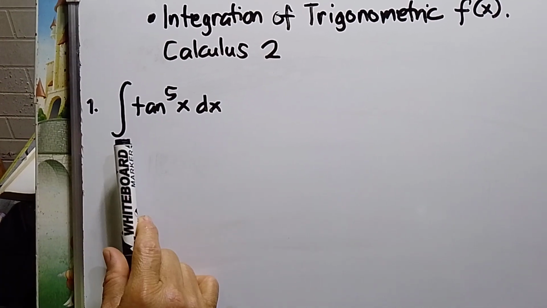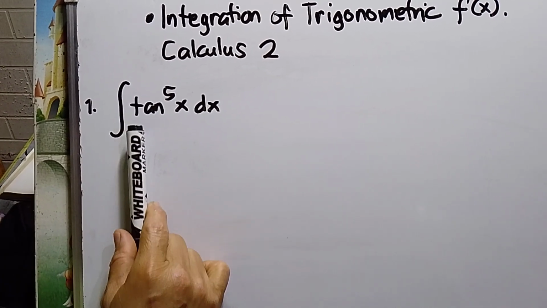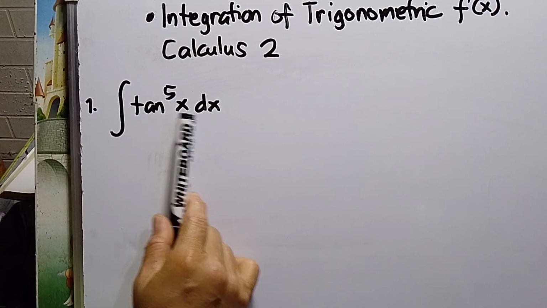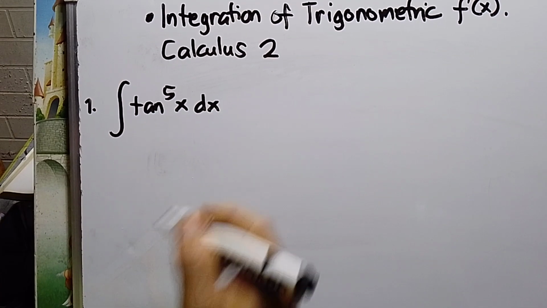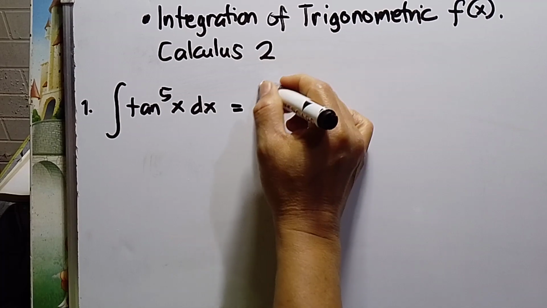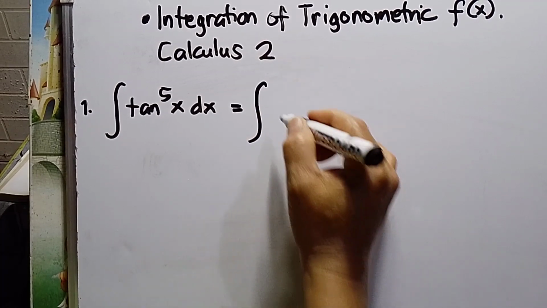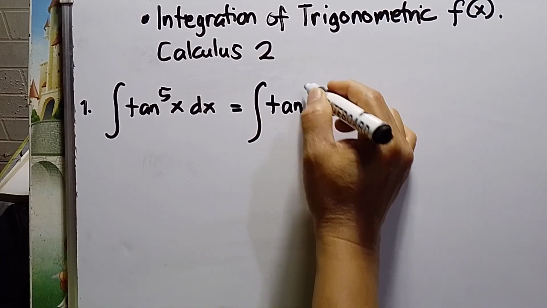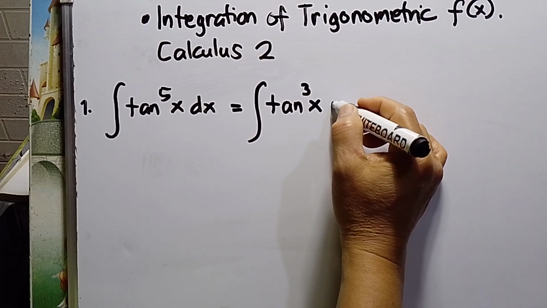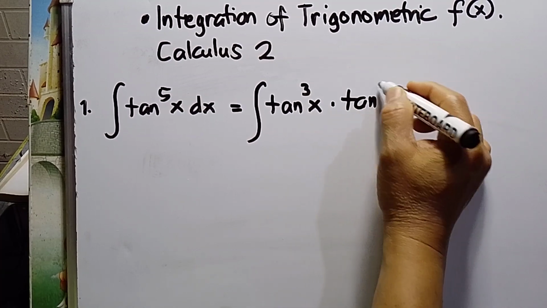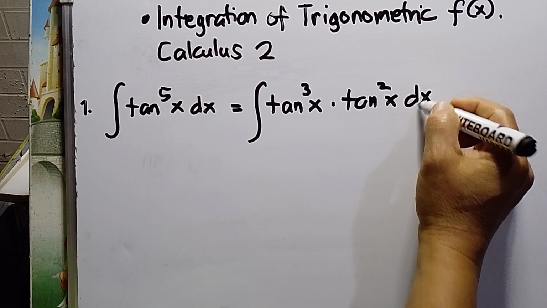So I have here number 1, integral of tangent to the fifth x dx. I need to split this one: integral of tangent cubed x times tangent squared x dx.